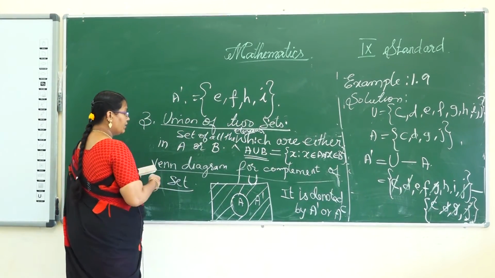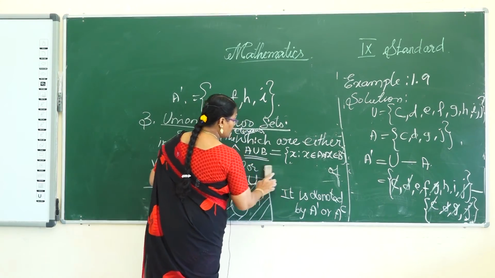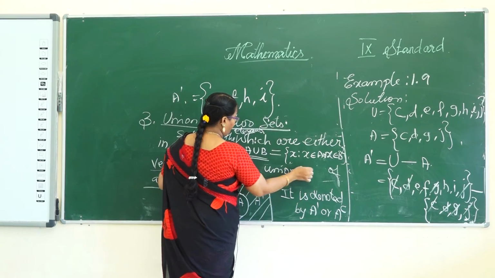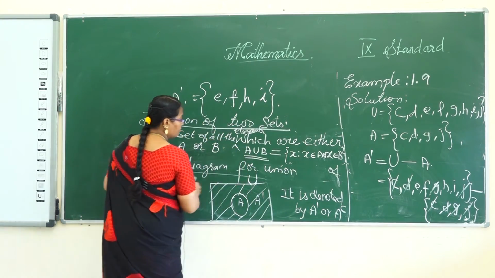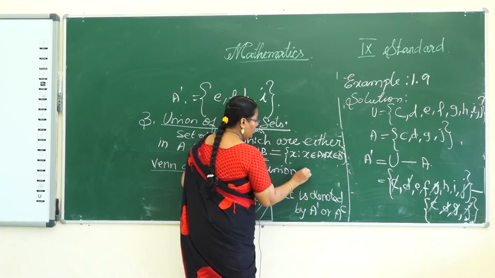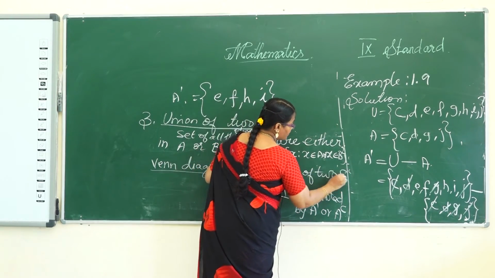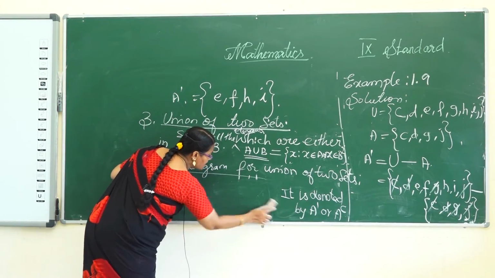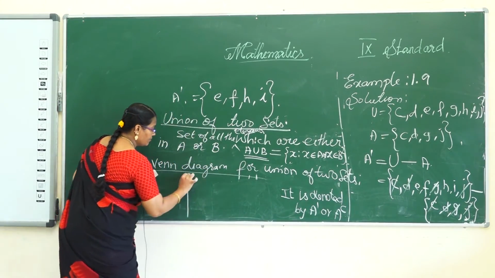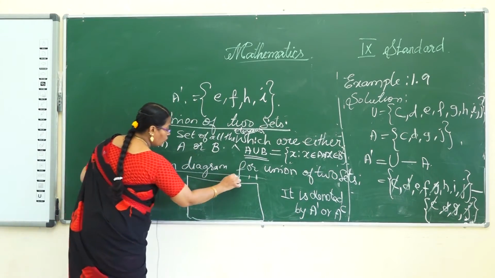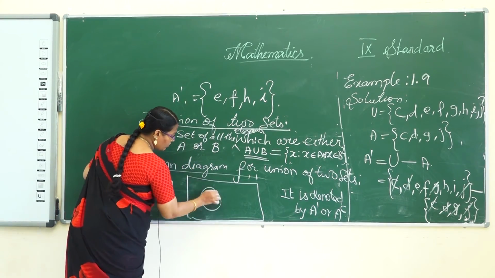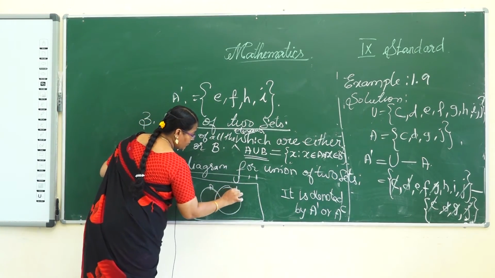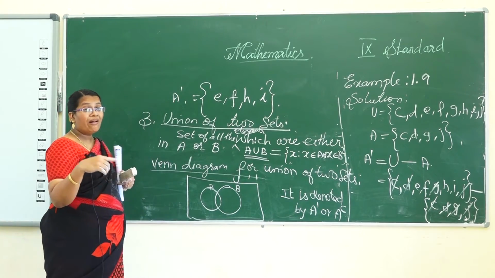Now see the Venn diagram for the union of two sets. First draw the universal set U and next draw the two sets A and B. These two sets should be overlapping.